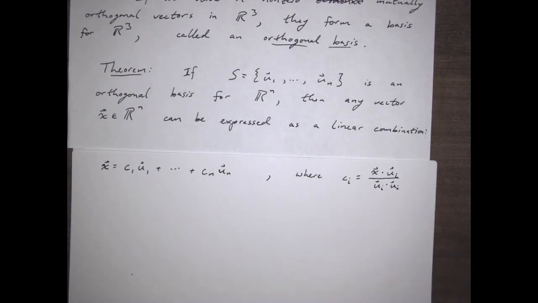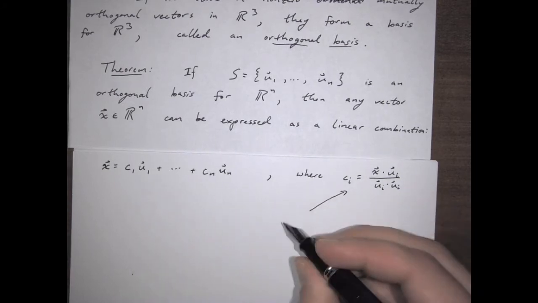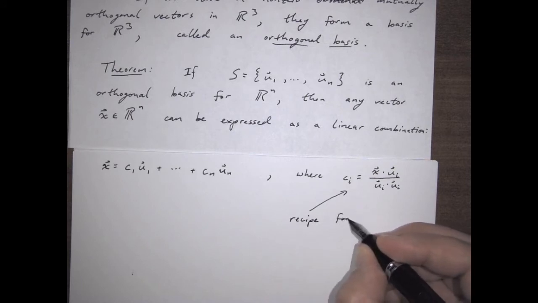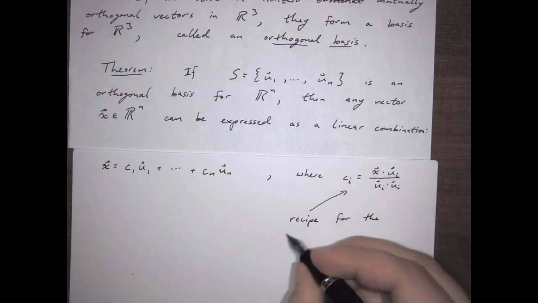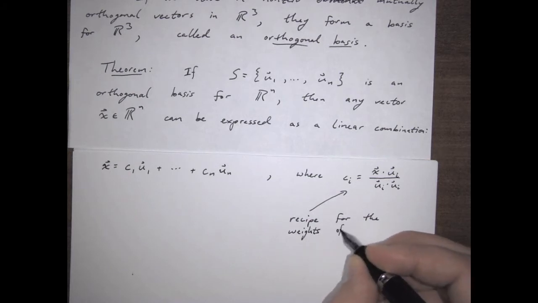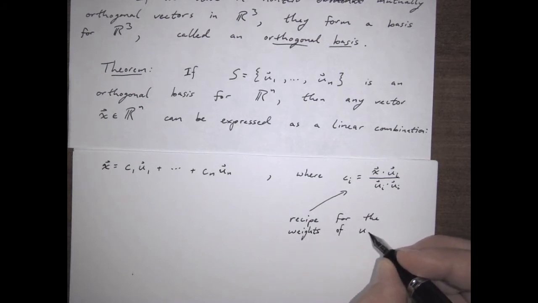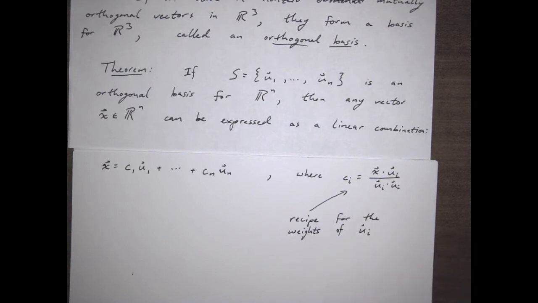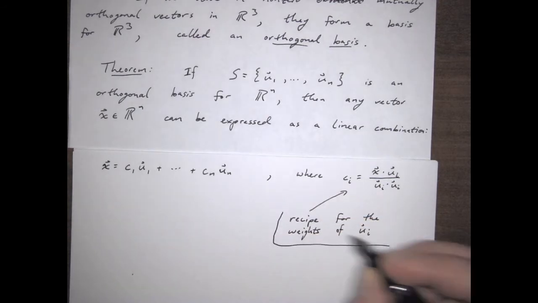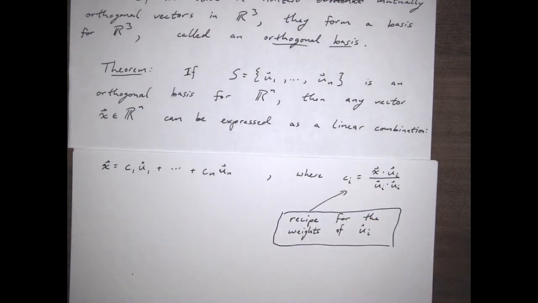So in other words, what this means is we have got an express recipe for the weights of the ui. So we have got an immediate way of finding a recipe for these weights.